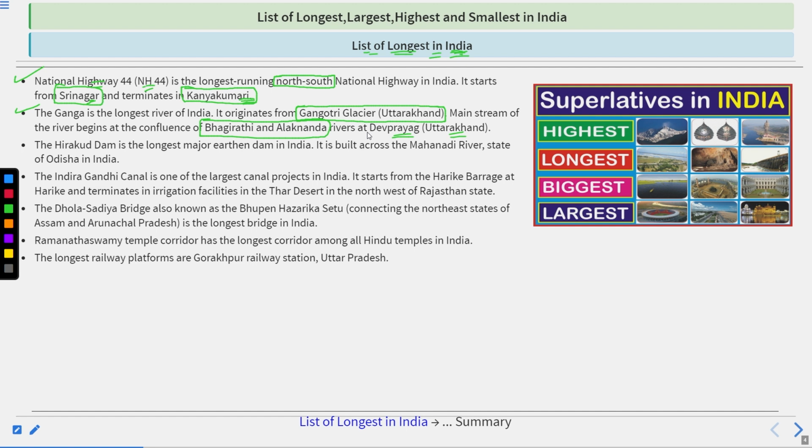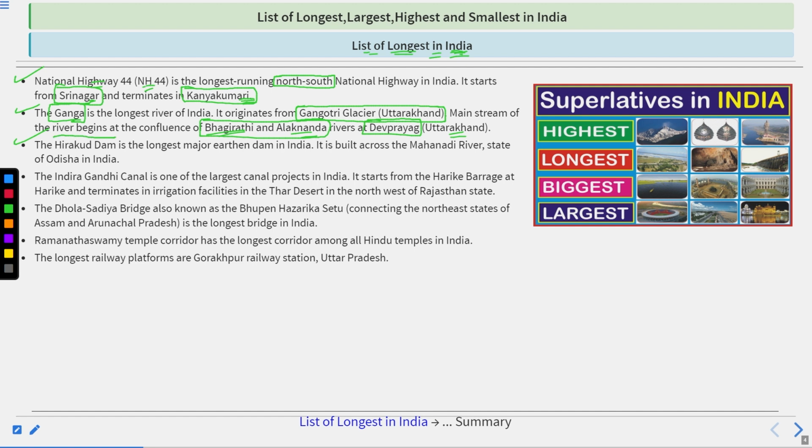Then the Alaknanda, which originates from a different glacier. Both rivers run through the state of Uttarakhand, and there is a place in Uttarakhand known as Devprayag. Devprayag is the place where the two rivers, Bhagirathi and Alaknanda, merge with each other, and when they merge, they generate a new river stream known as the river Ganga. Alright? Remember this thing.